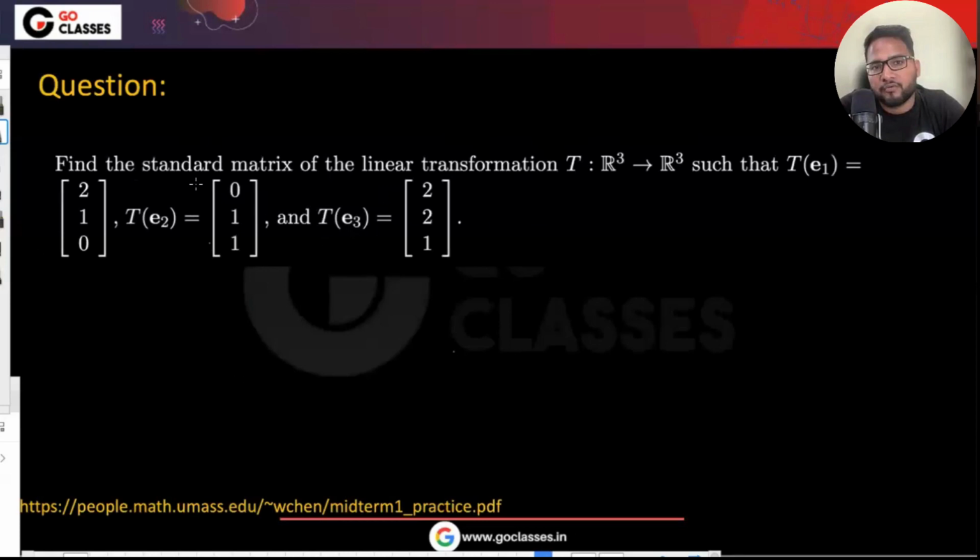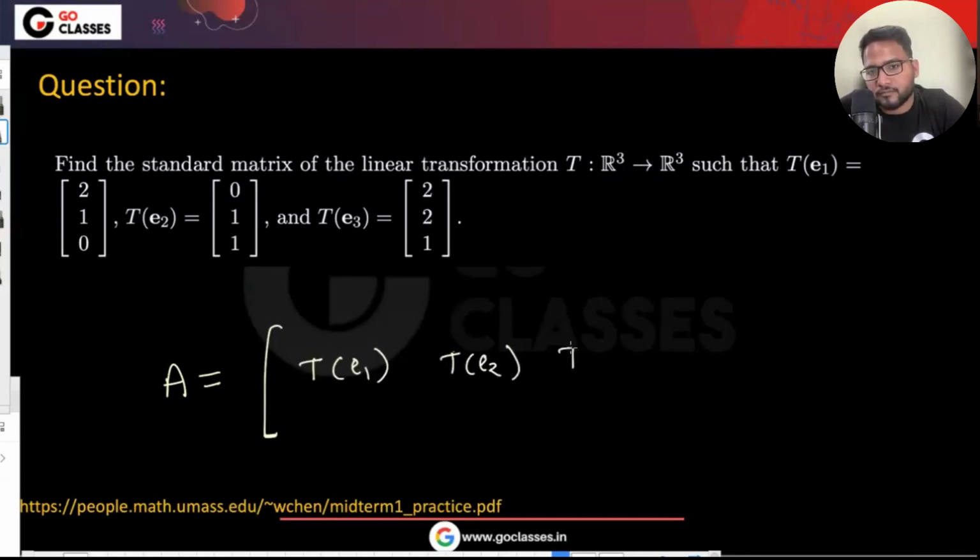Let's just see this. Find the standard matrix for this linear transformation, such that they have given the transformation only for the basis vectors. Can you tell me what is that matrix? Yes, that is correct.